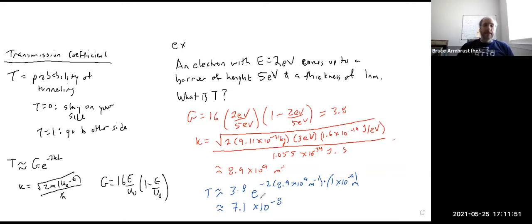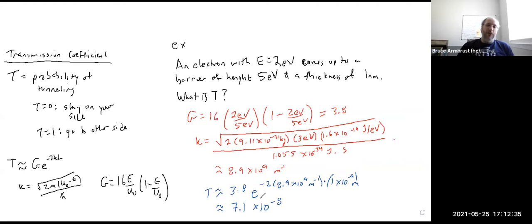And in fact, let's say we had an electron gun that's firing electrons at these. 1 out of every 10 to the 8th, so 1 out of every 100 million, would make it through that barrier. And I know that doesn't seem very likely, right? 1 out of every 100 million. But suppose this was a real life thing, and maybe we're talking about particles that are getting bombarded by the sun. There's tons of those things. So it is possible that stuff is going to make it through.